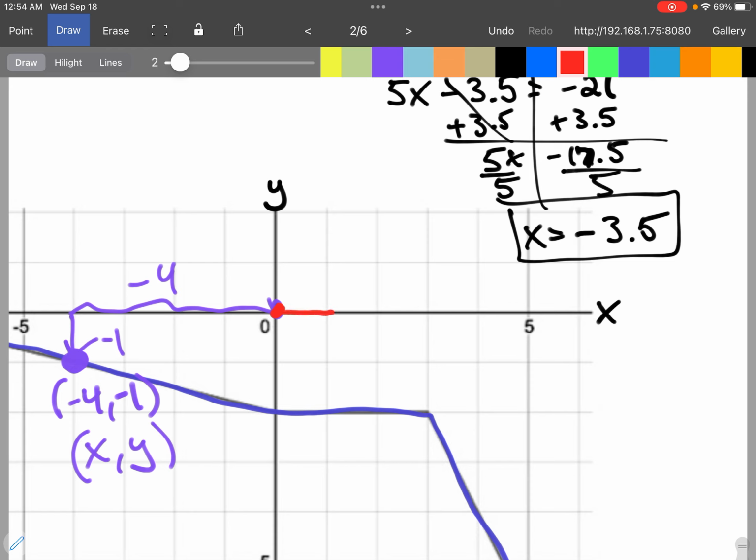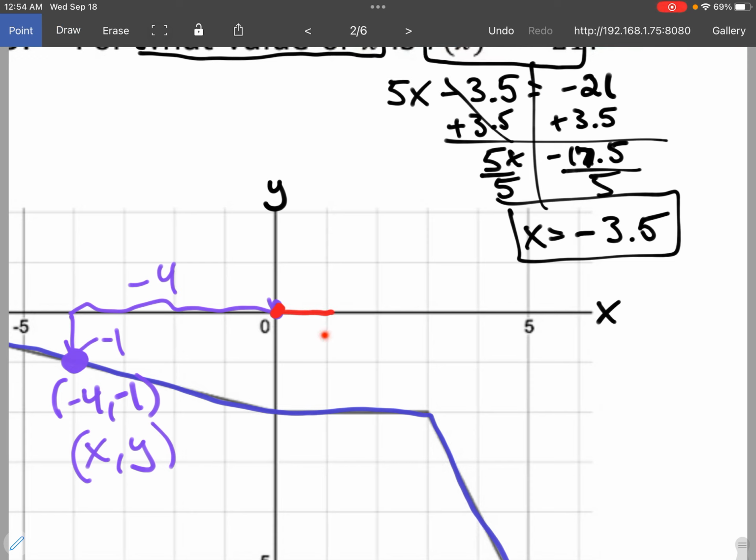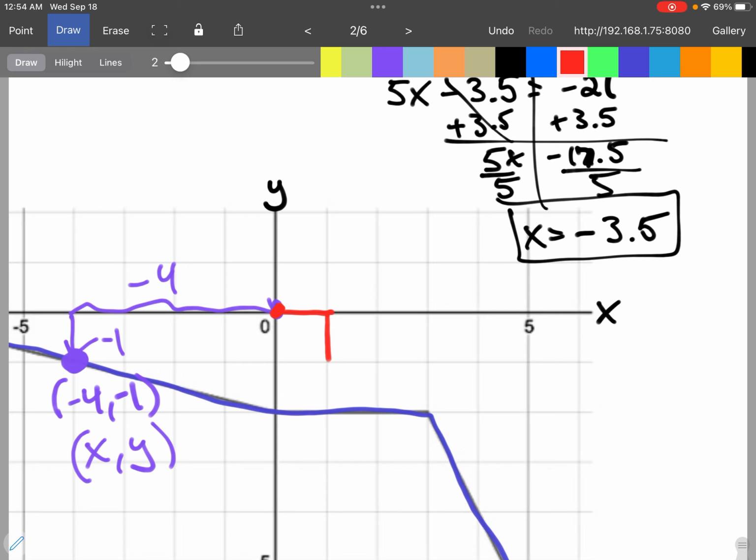Now, how do I get back to my blue function line? How do I get to this line? I can only move from here up and down, all right? So clearly we're gonna go down 1, 2. So right 1 is a positive 1, down 2 is negative 2.